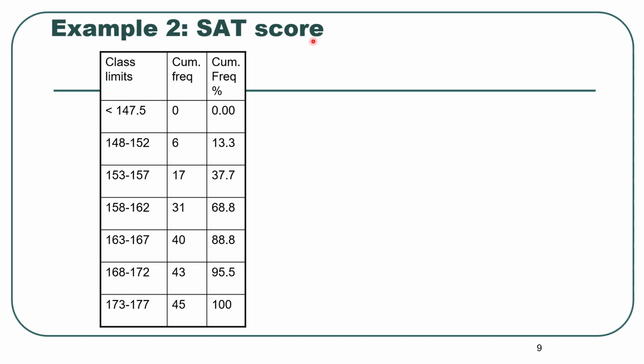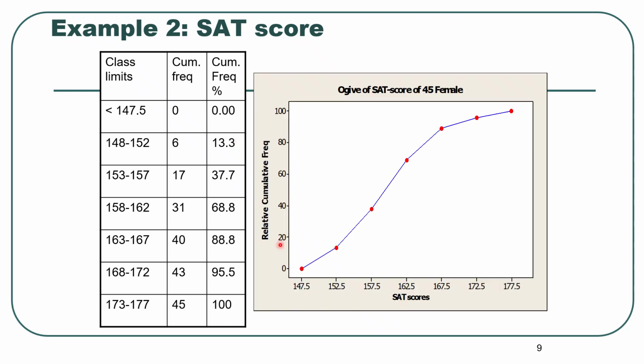How many SAT scores do we have? We can read that from our cumulative frequency column because we know that the last cumulative frequency is n. So we have 45 scores. And to graph our ogive, I could use the cumulative frequency or the relative cumulative frequency. Here, in my case, I use the relative cumulative frequency.